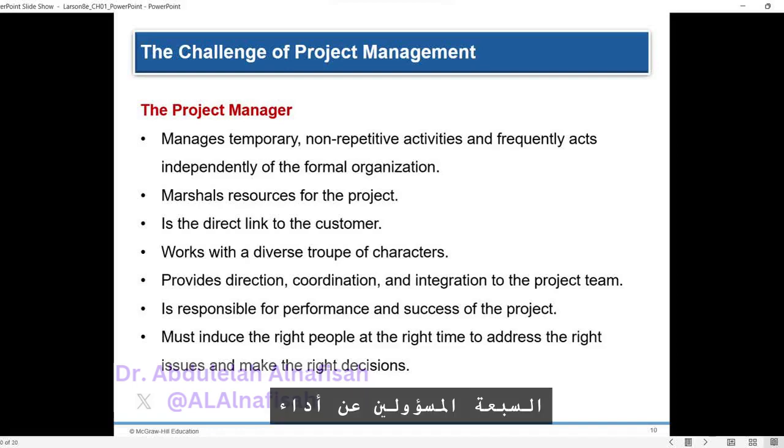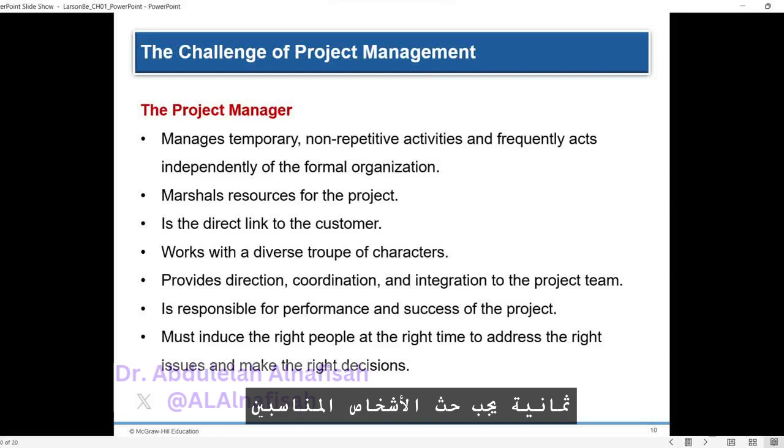7. Responsible for performance and success of the project. Project managers are ultimately accountable for the project's performance, including meeting deadlines, staying within budget, and delivering the desired outcomes. They monitor progress, address issues, and make adjustments to keep the project on track. 8.